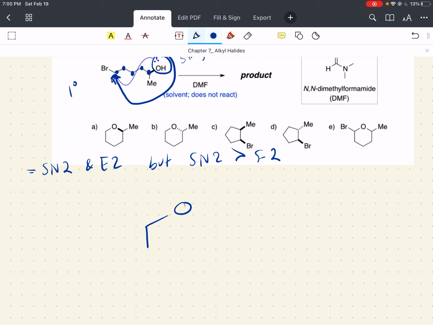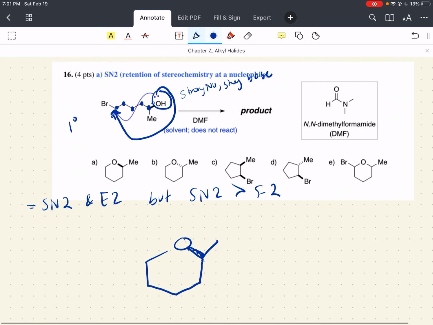Now, it's going to keep the wedge and the methyl group right here when that happens. So our product here is going to be A. Fantastic.